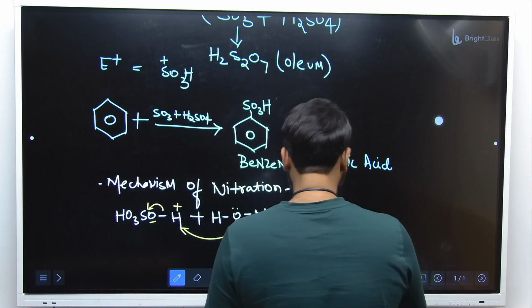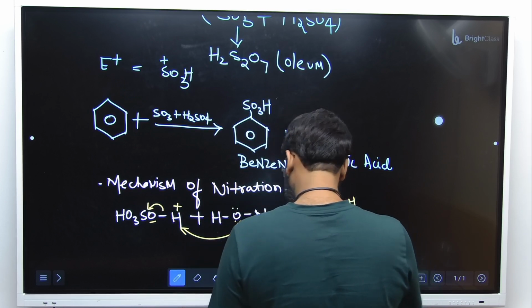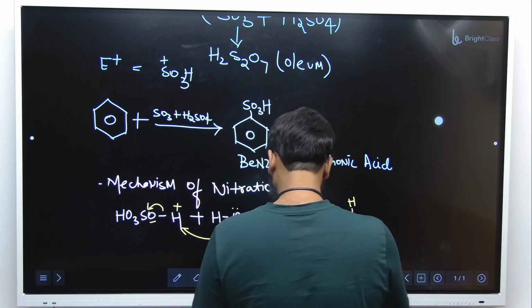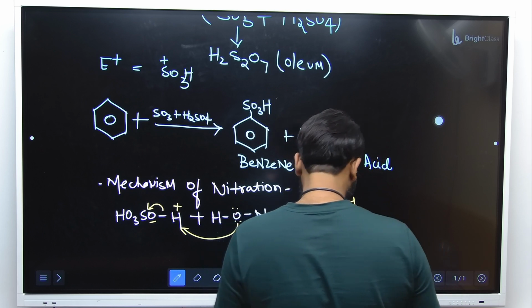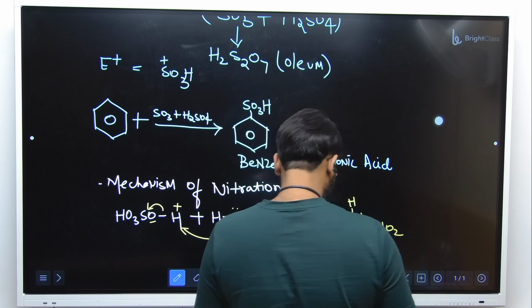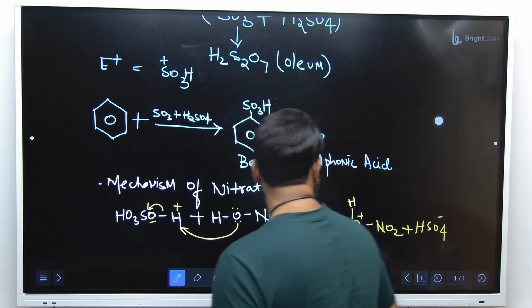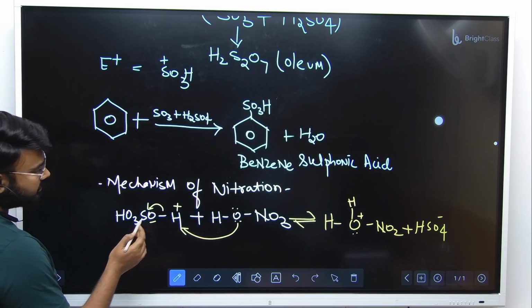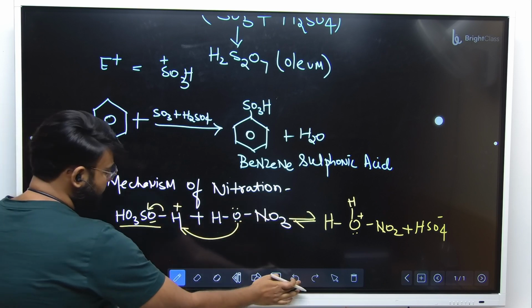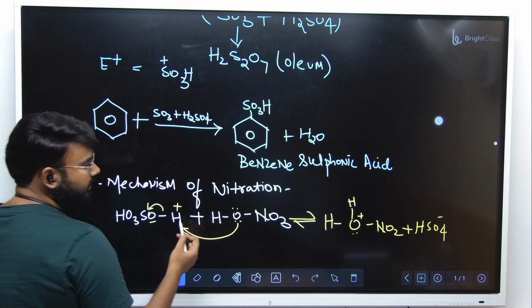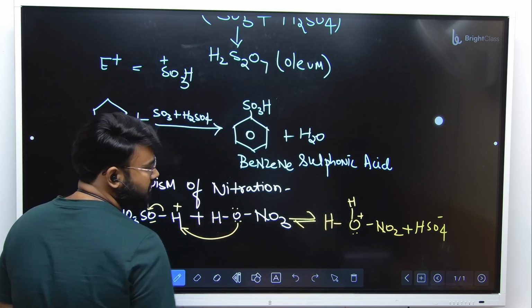As a result, you will get H with a positive charge, NO2, plus HSO4 minus. So see what happened now. This has taken up the electron, so it is SO4 minus, HSO4 minus. And in this oxygen, what came up? This hydrogen. So oxygen has donated the lone pair, that is why there is a plus charge. I hope it's clear.